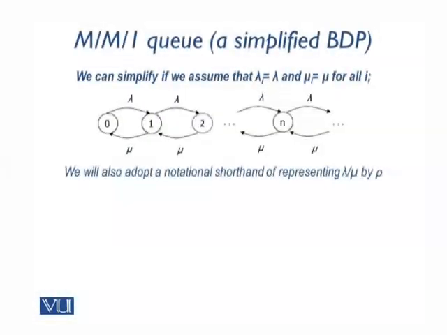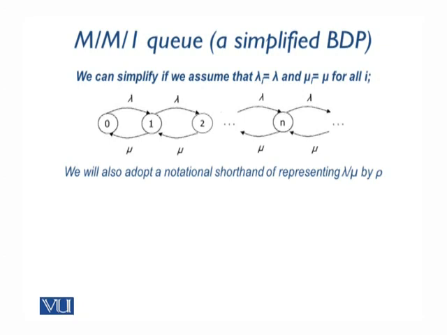And this is because we can now make the simplification of dropping all the subscripts, and we can express the ratio of lambda over mu by rho, which is just the utilization factor. The utilization factor is the ratio of the arrival rate and the service rate. And as mentioned in the previous session, this should be less than 1 for the system to be stable.